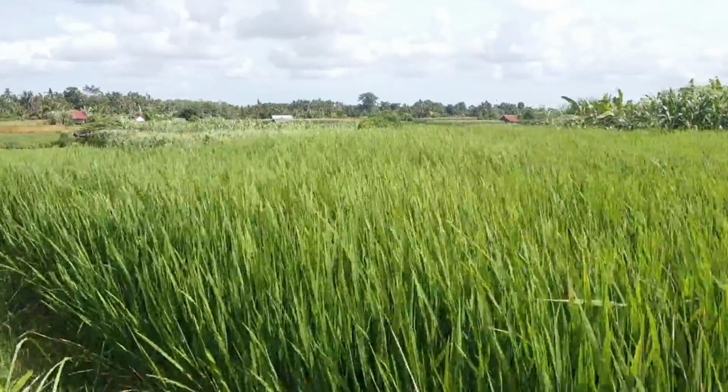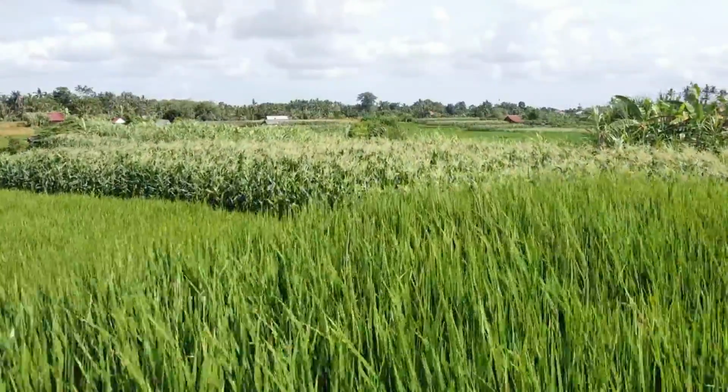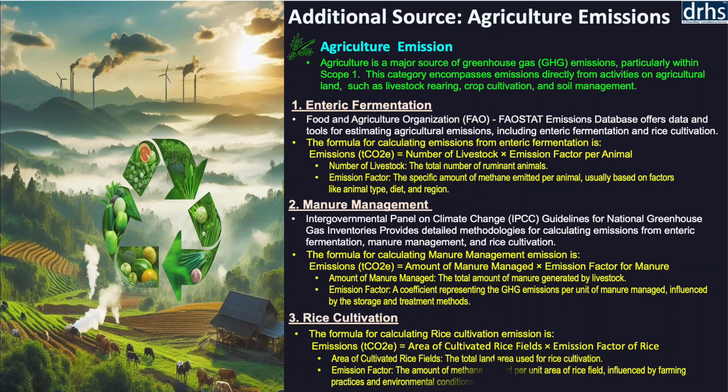The level of emission depends on the water management practice, soil type, and organic inputs. The formula for calculating emission from rice cultivation is based on the area of cultivated rice field multiplied by the emission factor, that is, methane emitted per unit area of rice field.